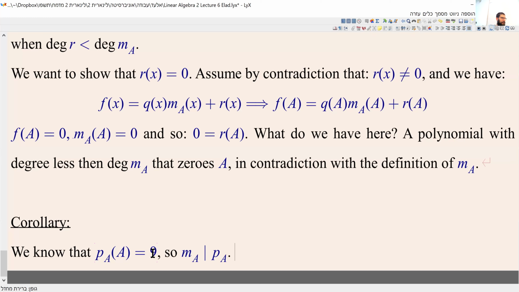Specifically, it divides every polynomial that zeroes A, as we've already proved.